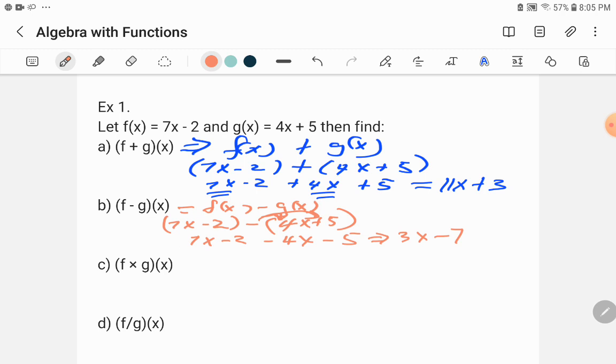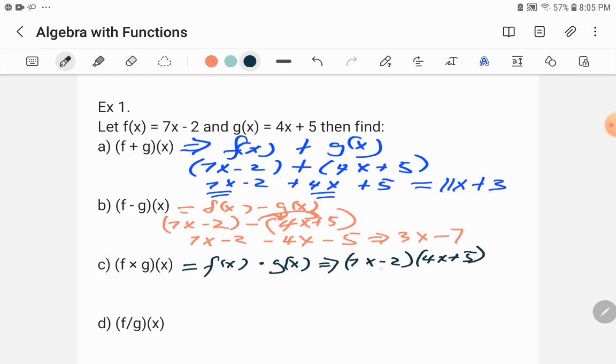Okay, now we have the multiplication of functions. So here we go. So we have f of x times g of x. So that gives us 7x minus 2 times 4x plus 5.